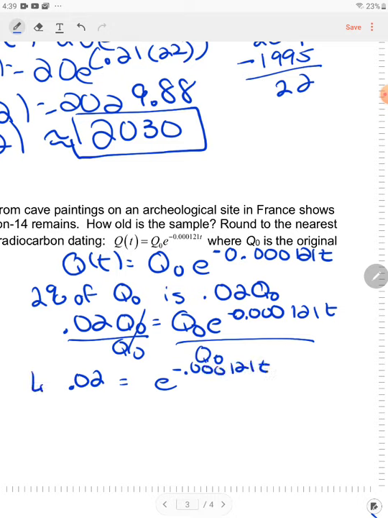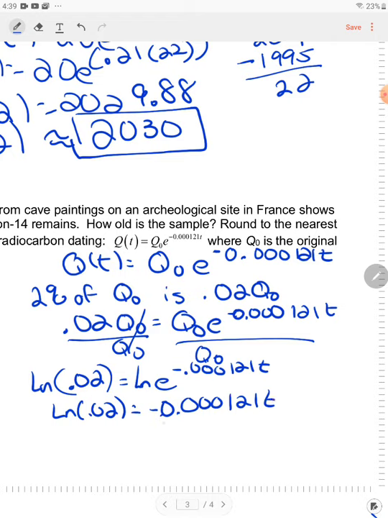Okay, you're going to ln both sides, leaving ln of 0.02 is equal to negative 0.000121t. Divide by that number. Okay, remember, don't divide by the t. I almost wrote that down. Watch out. Just divide by numbers.